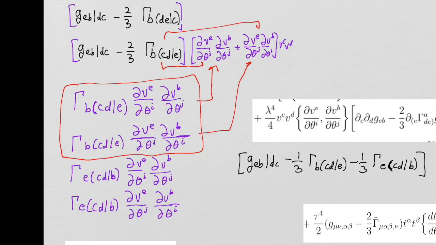But the second sum here is VE over J and VB over I, which is the same thing since you're summing over all of E, right? So this sum of these two is the same as this sum over these two. In other words, this whole thing actually symmetrizes on B and E, right?